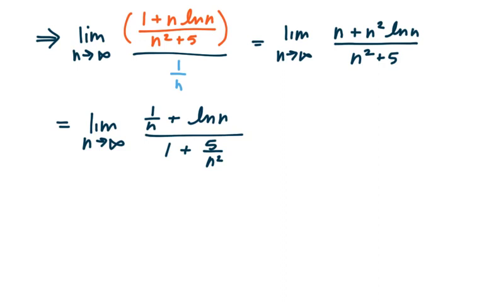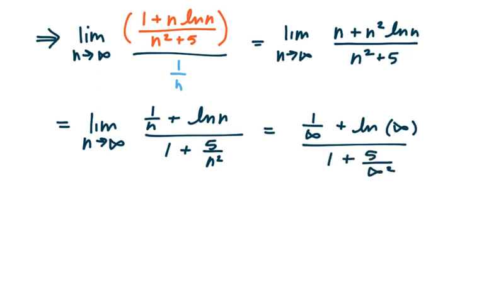So if I look now at evaluating this limit at infinity, I've got 1 over infinity plus the natural log of infinity over 1 plus 5 over infinity squared. And we know that both 1 over infinity and 5 over infinity squared go to 0. So essentially we are dealing with the natural log of infinity.